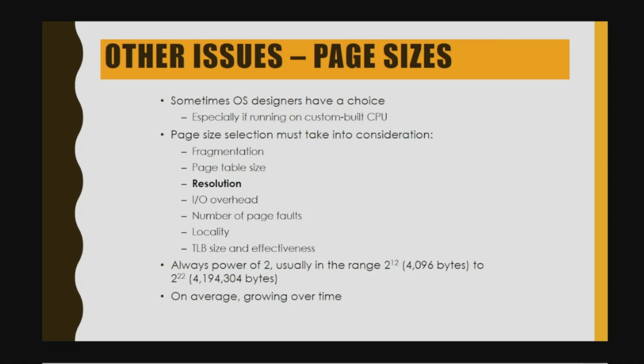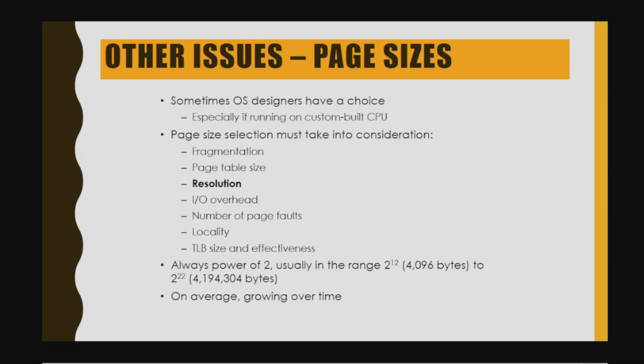The other issue is the page size. Sometimes the OS designer has a choice, especially if running on a custom-built CPU. The page size selection must take into consideration fragmentation, page table size, resolution, input/output overhead, number of page faults, locality, TLB size, and effectiveness.